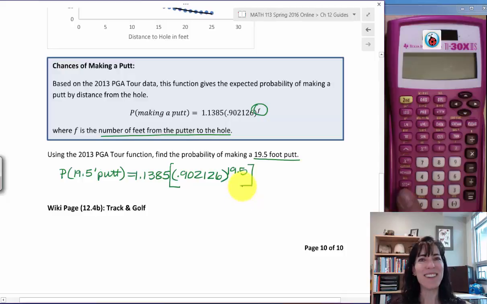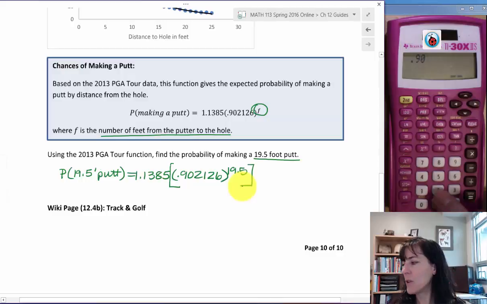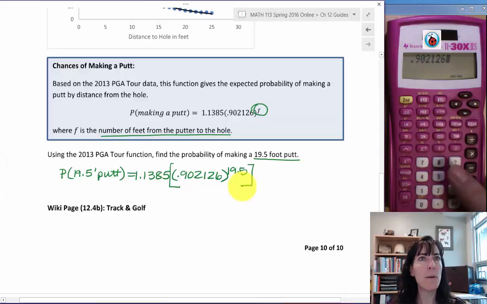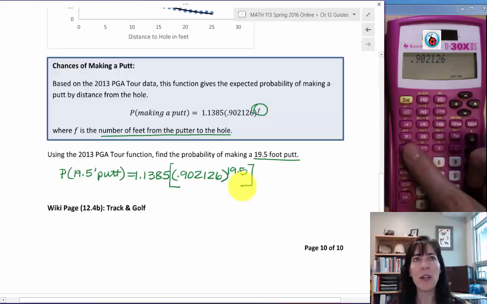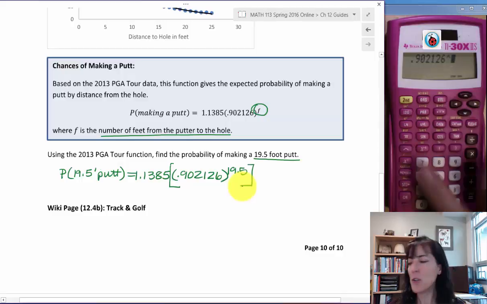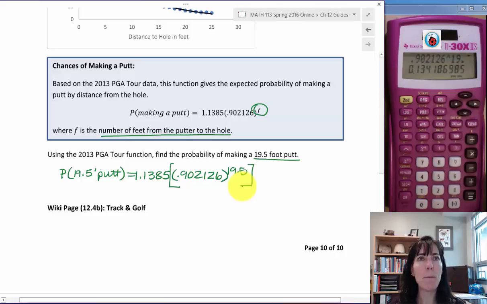So let's take a look at what it looks like. We do the 0.902126 to the, so we're going to do the exponent key, to the 19.5 equals, and we get that 0.134, etc. I'm just going to leave it sit there on my calculator, because the next thing that I have to do is multiply out here by this 1.1385.